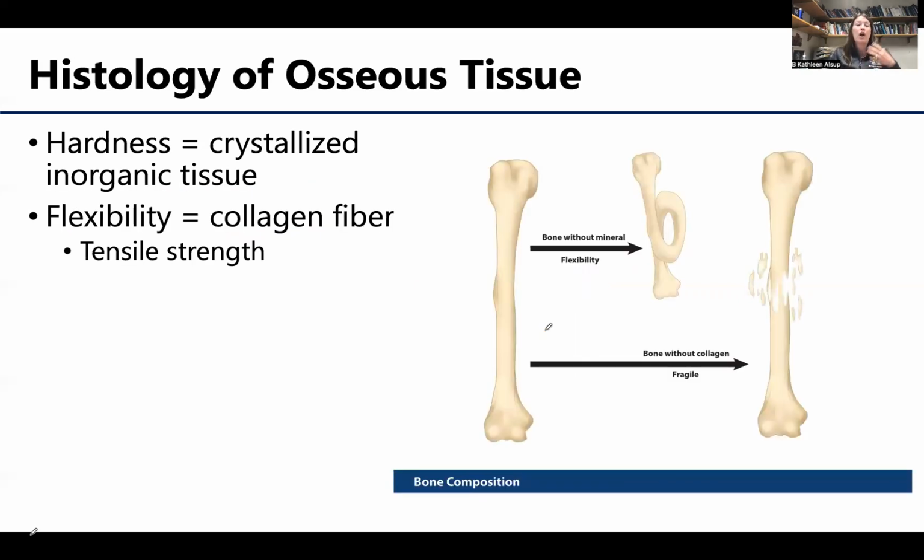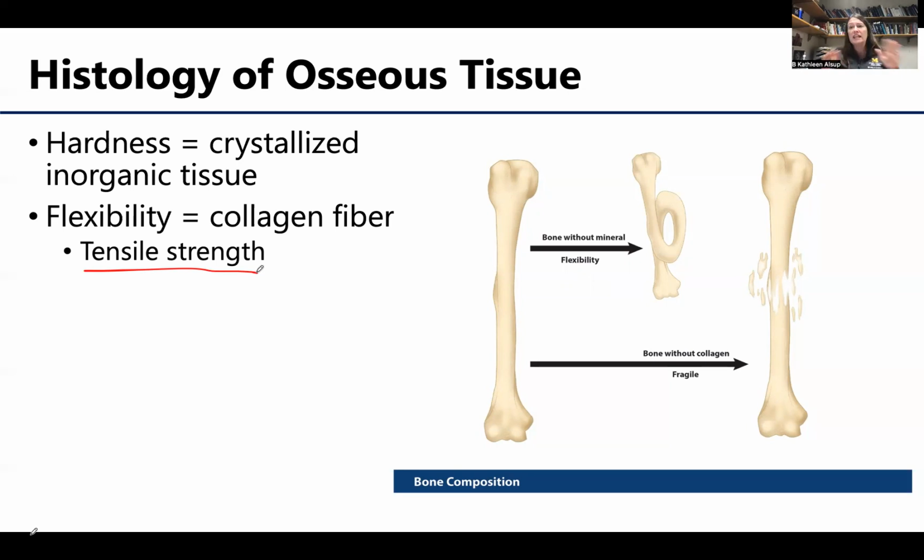Now, as mentioned, that hardness of the bone is going to be based on the inorganic material, and that flexibility is going to be due to the collagen fiber. And I know it sounds kind of pathological to think of a bone being flexible, but you do need some form of flexibility in order to have that tensile strength, or that resistance of being stretched or torn apart.